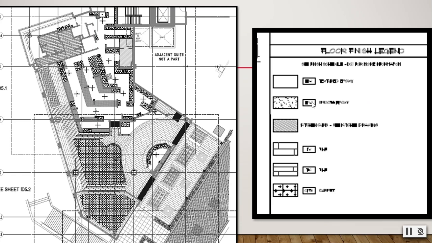Next is the callout, whether it's F1, F2, F3, or if you want to use the letter T for tile or C for carpet. And then we put the specification, a quick description. As you walk in this space, this is all wood tile with little wood tile intricate insets, all made out of tile, but very intricate.